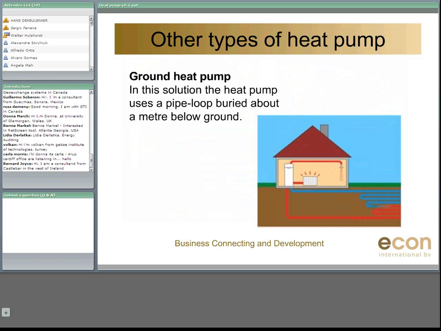It's a heat pump which uses water from a lake which is in the neighborhood. Lakes are excellent heat storages for solar energy.